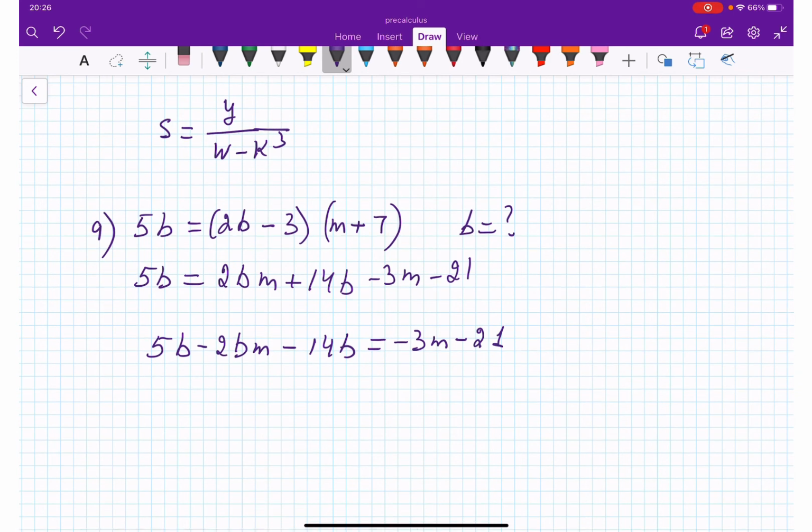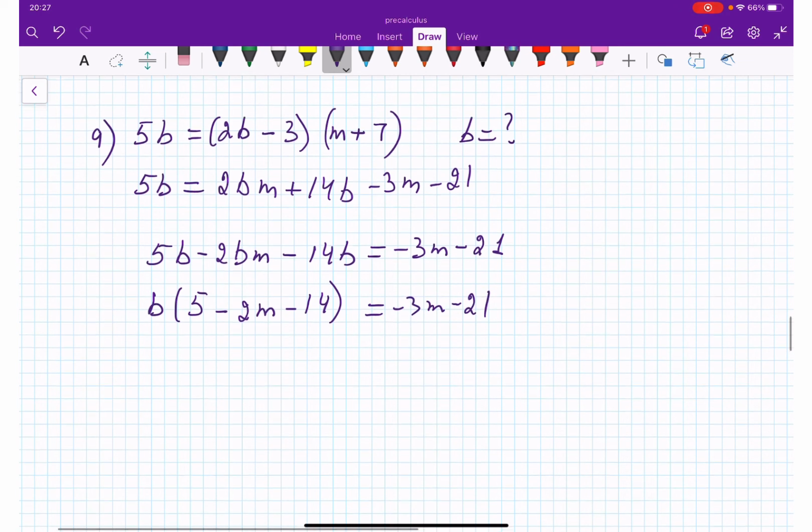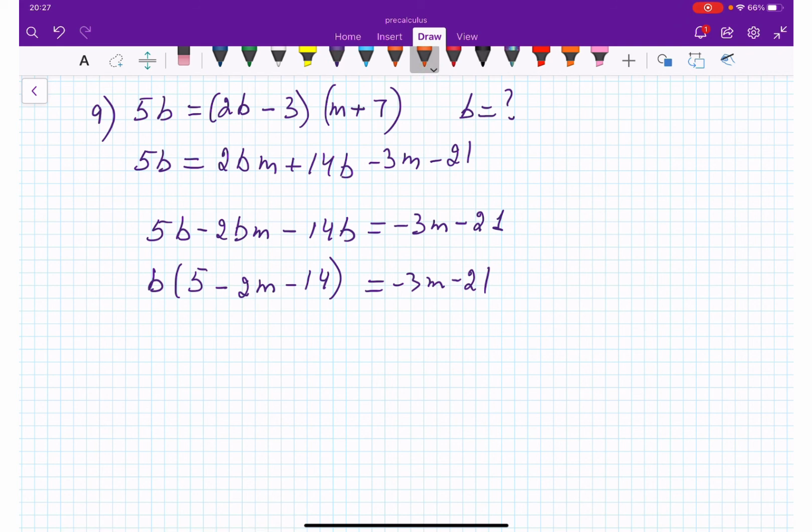Okay, so let's take b out, and I will have 5 minus 2m minus 14, equal to negative 3m minus 21.